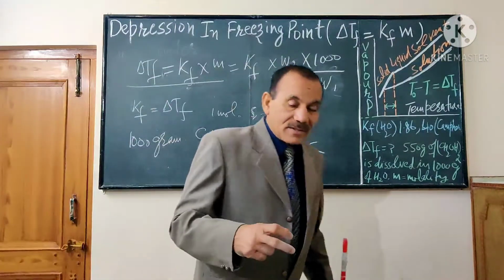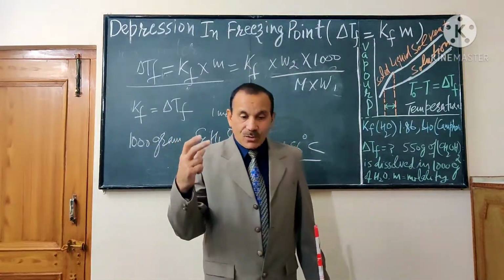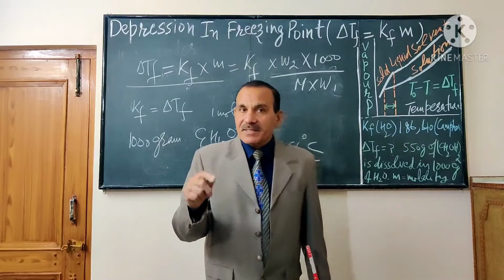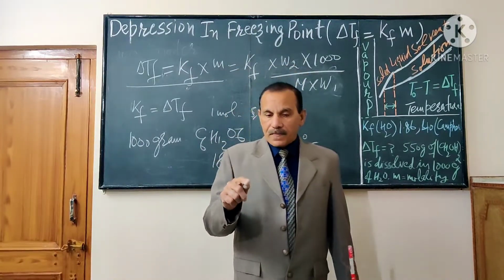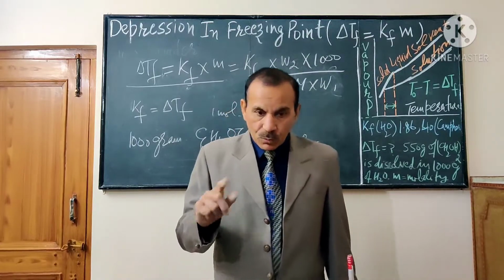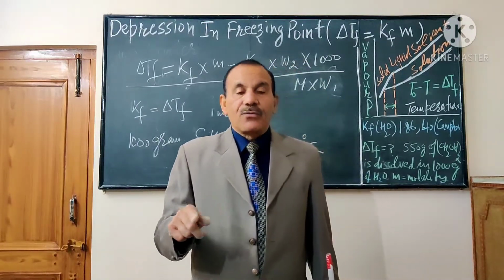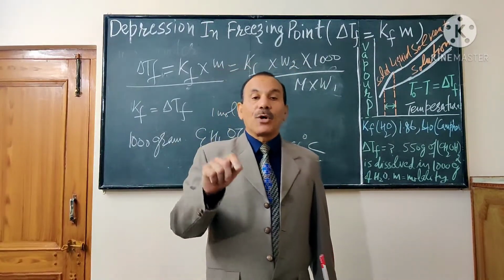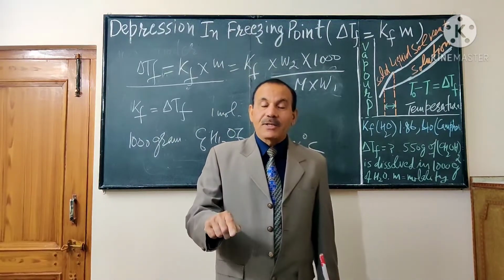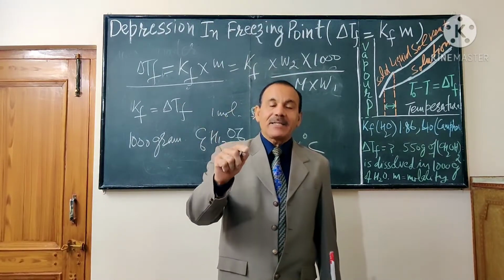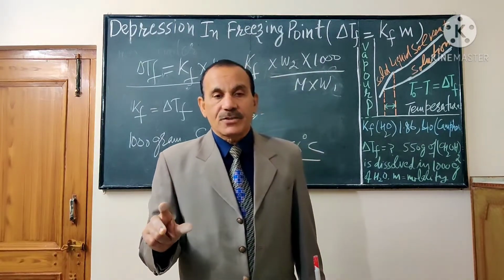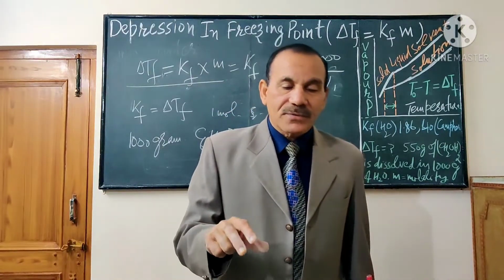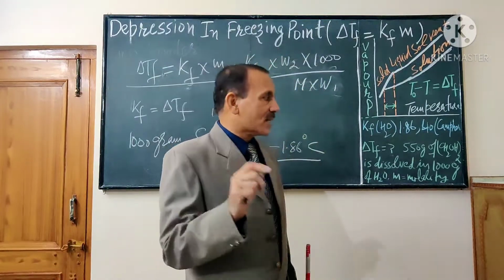Okay, let's calculate the depression in freezing point of water when we add glycol to it. Glycol is added in water in order to decrease its freezing point, so that it does not freeze at 0 degree Celsius.